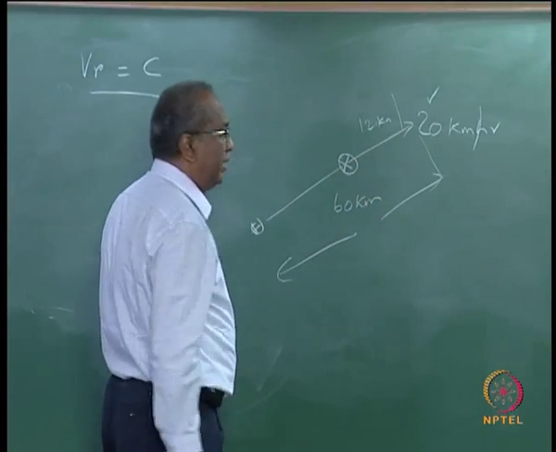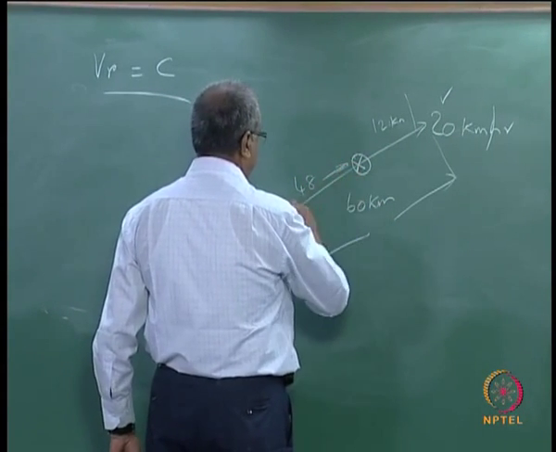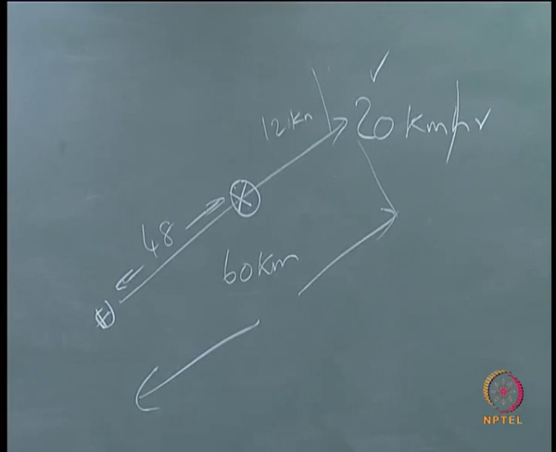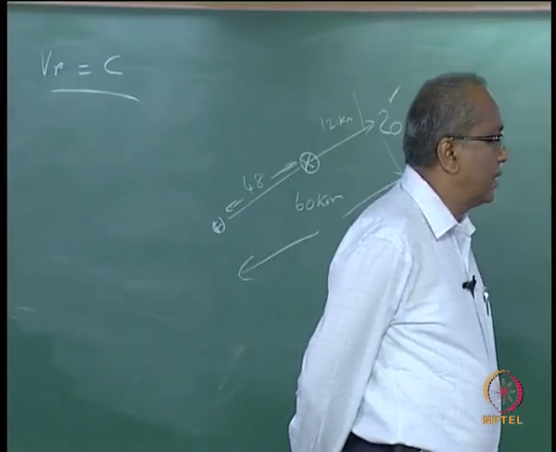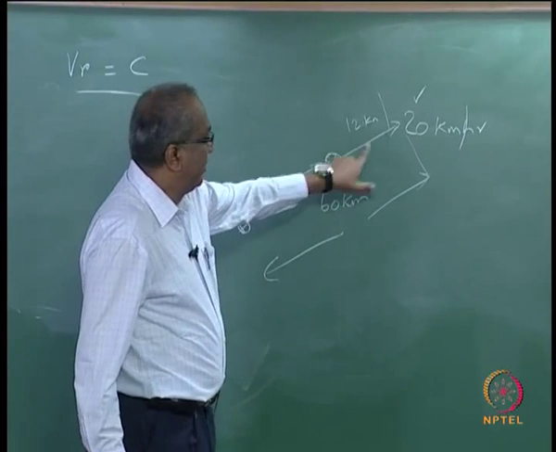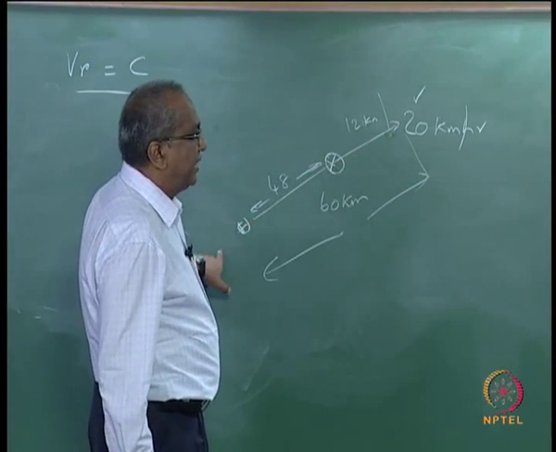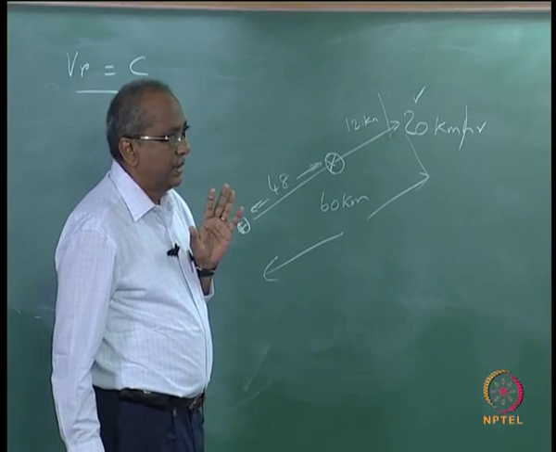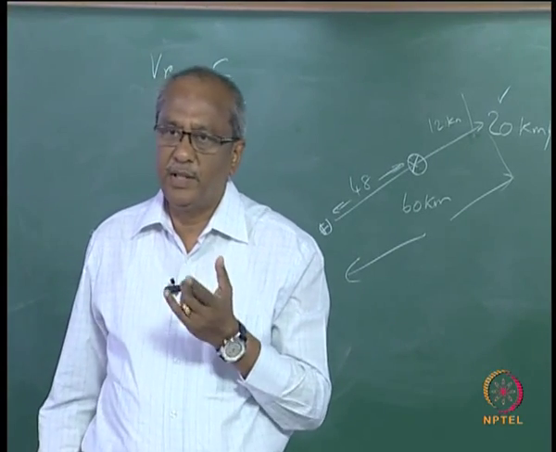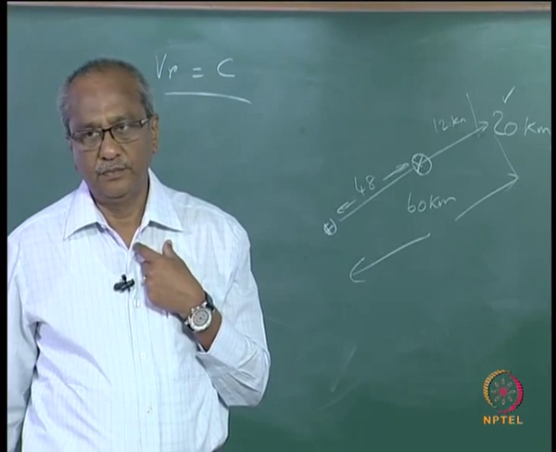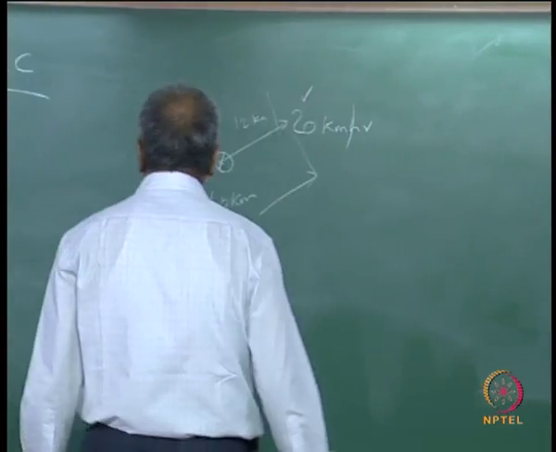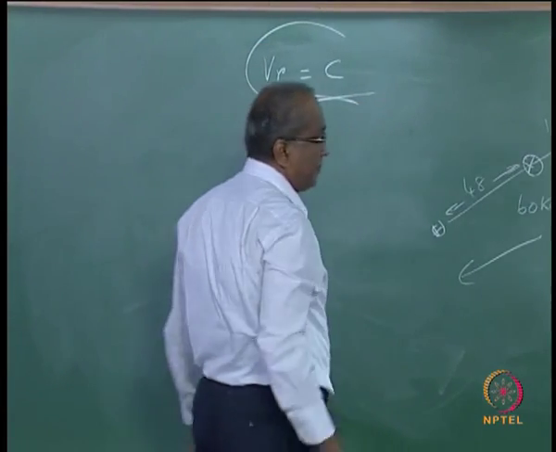So this will be 48 kilometers from the eye of the storm. So basically you are trying to find out the reduction in the barometric pressure. Is that clear? We have already been told that it is going to follow this law.